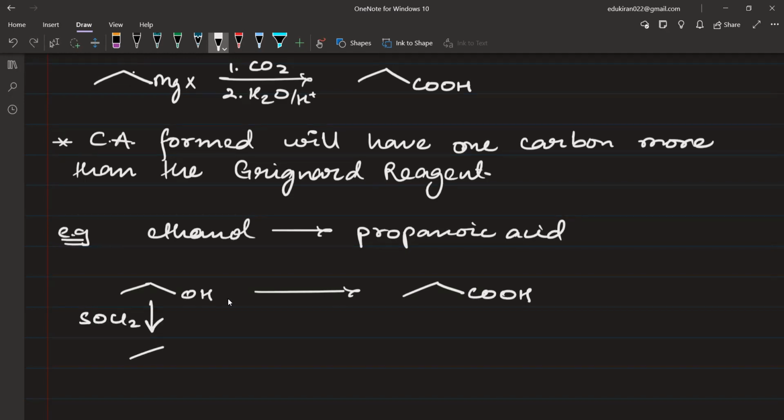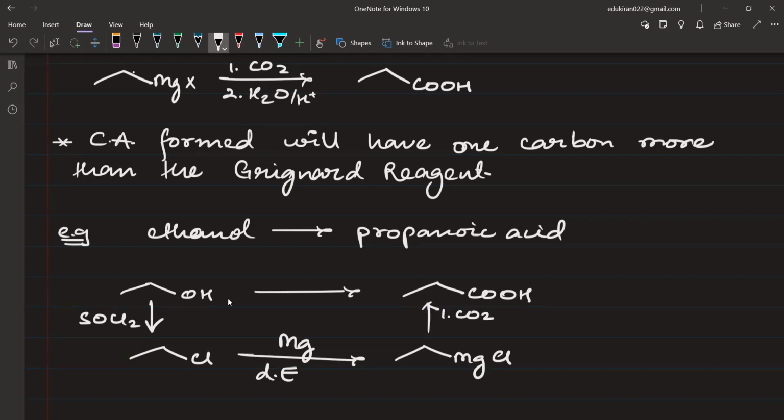So I will get 1, 2 carbon atoms and Cl here, which I will then react with Mg, and I will get 1 carbon, 2 carbon, attached with MgCl. Mg will do an insertion reaction in the presence of dry ether, and I will get RMgCl. Now in this case, I have to do first reaction with CO2, second reaction with H3O plus. I will get the carboxylic acid as in this case.